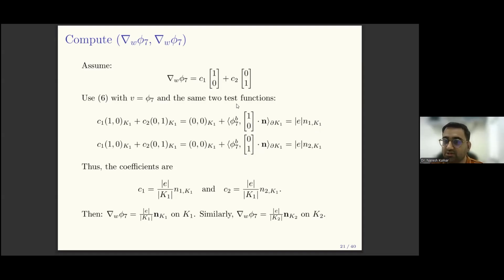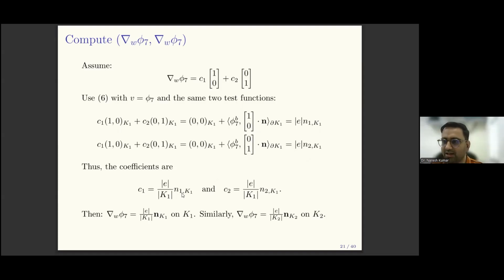Now instead of (1, 0), if you take q equal to (0, 1), then it is (n1, n2), so n1 is 0, so you will get n2. So length of the edge times n2. So when you solve this, basically c1 and c2, because from this side you will get the area of the triangle.